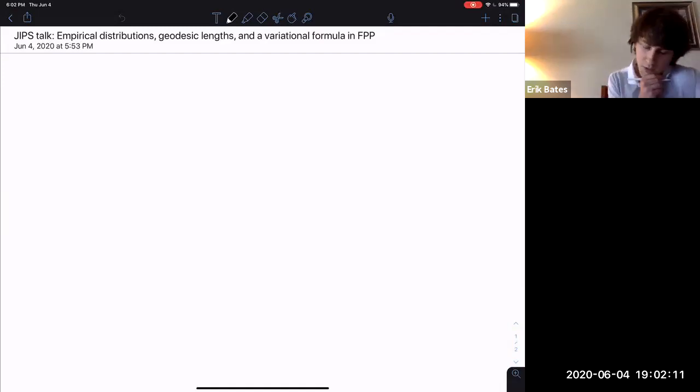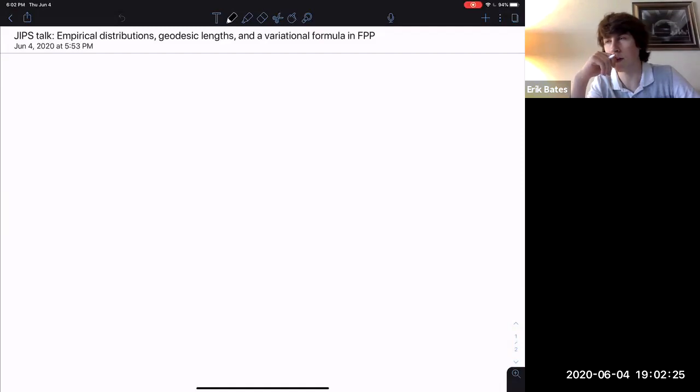All right, so as Matteo said, I'm going to be talking about first passage percolation. On the surface, this is maybe a seemingly strange forum for it, because first passage percolation has been one of the random growth models that has been largely untouched by the integrable probability community.